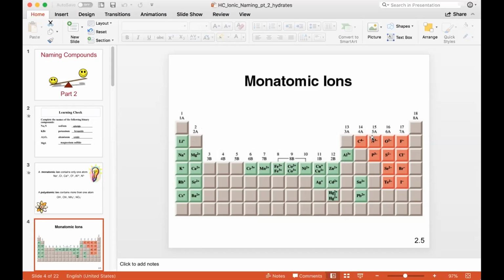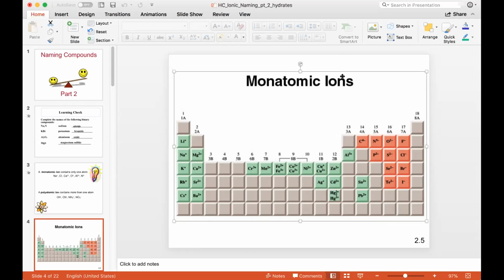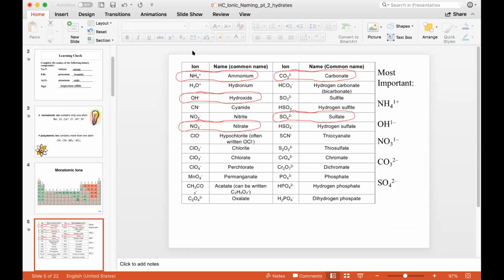And then in the upper right-hand corner in the P block, these are the common anions: nitrogen, phosphorus, oxygen, sulfur, selenium, tellurium, and then the halogens, fluorine, chlorine, bromine, iodine. The polyatomic ions are formed as these compounds, like I mentioned, and this is from the polyatomic ion chart.